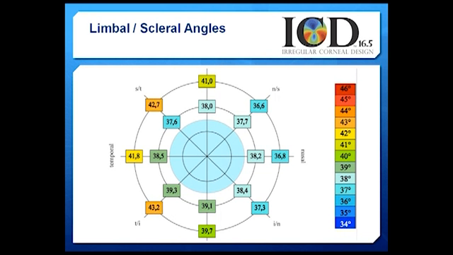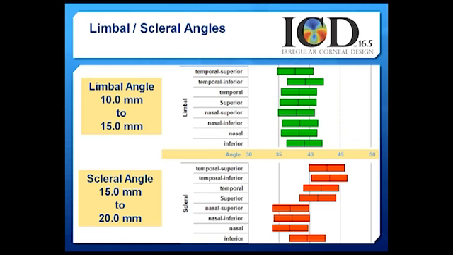So what does that mean? That means that a lens that lands near 15 millimeters can be symmetrical for most eyes. If you land a symmetrical lens near the 20 millimeter chord, or 20 millimeters out on the sclera, then it's likely that you need a more asymmetrical lens design or a toric type lens design.